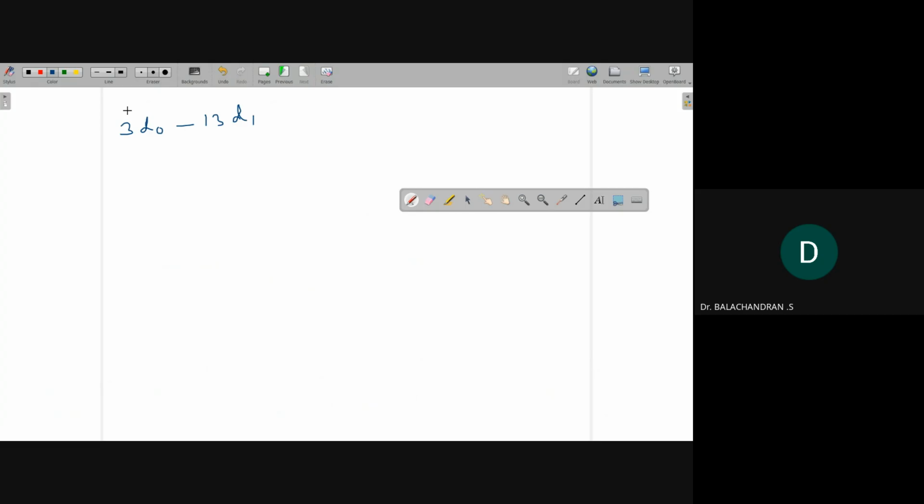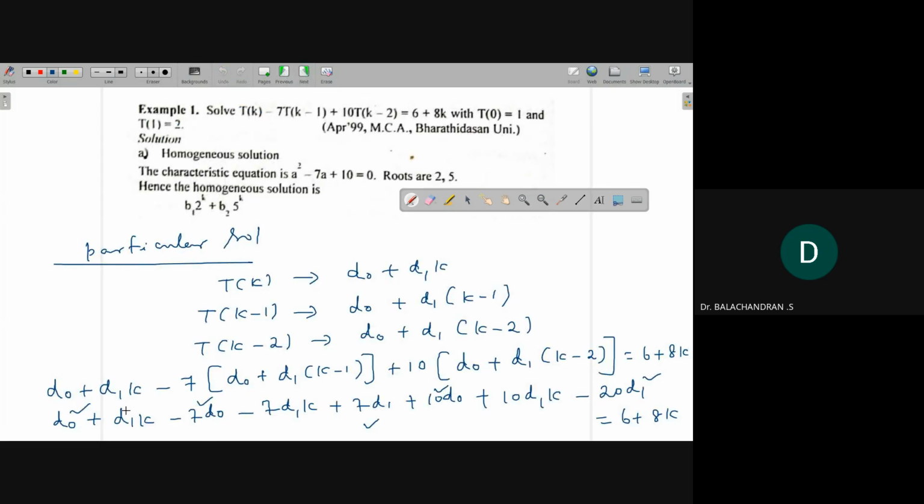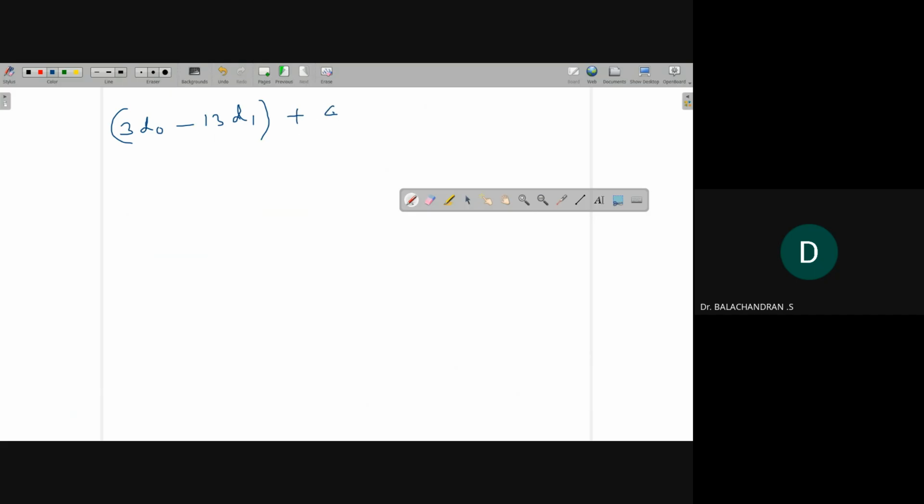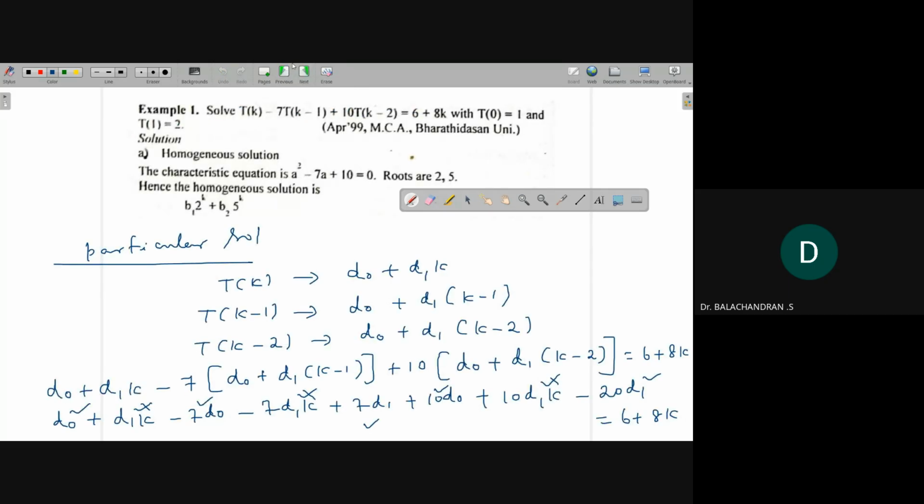This is the constant term. Now the k terms: d1k plus 10 d1k minus 7 d1k, so 4 d1k. The right hand side is 6 plus 8k.